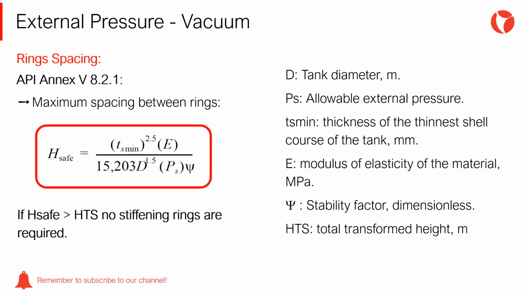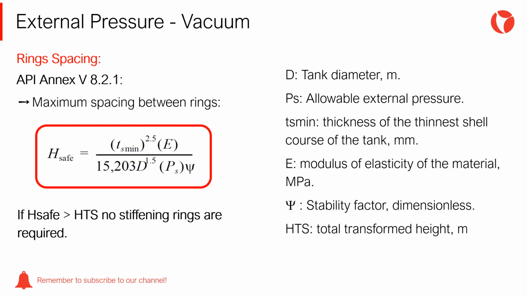The maximum spacing between stiffening rings is determined according to the following: where d is the tank diameter, Ps is the allowable external pressure, Ts min is the thickness of the thinnest shell course of the tank, E is the modulus of elasticity of the material, C is the stability factor, HTS is the total transformed height.